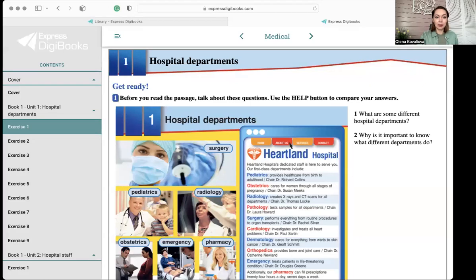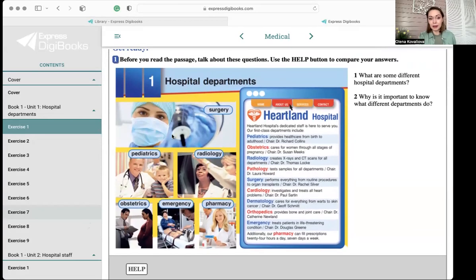So before we are going to dive into our topic, let's look at the previous one that we were looking at with you last time. Yeah, I'm sharing with you my screen. I just would like to look with you at these photos, right?